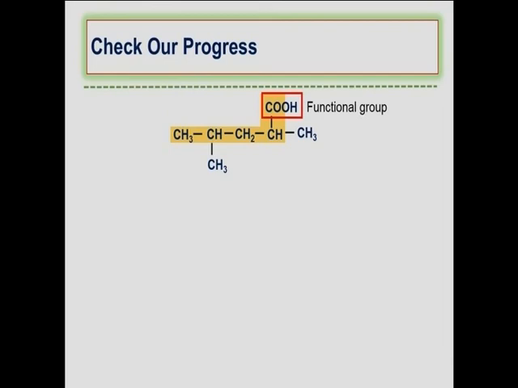You need to number the carbon atoms in the parent chain. How to number? The functional group should get the lowest number. So definitely you will have to start numbering from the right direction. So the carboxylic acid group is getting 1 as the number.